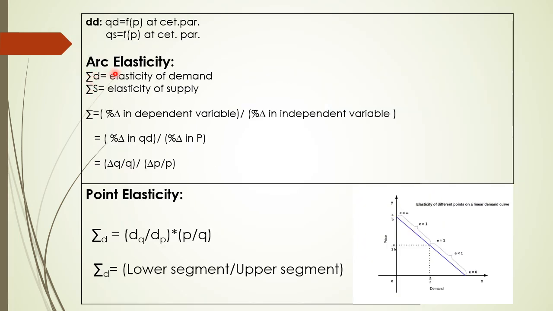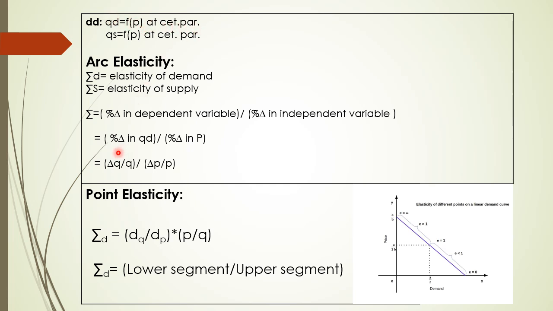So basically here is the detailed measurement of arc elasticity and point elasticity. For arc elasticity, elasticity is equal to percent change in dependent variable divided by percent change in independent variable. We know that quantity demanded is a function of price, etc. variables.